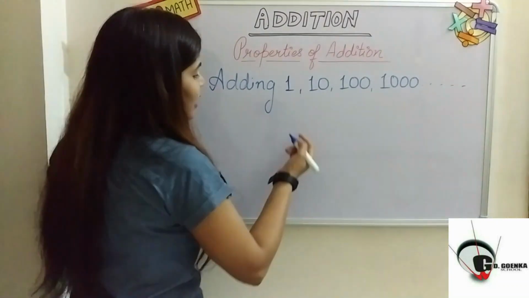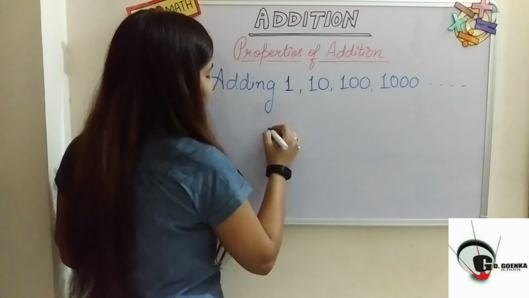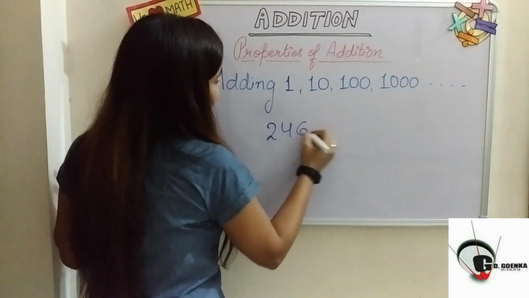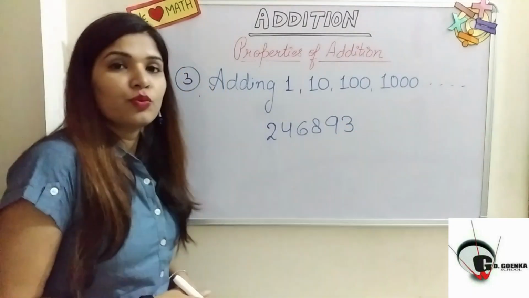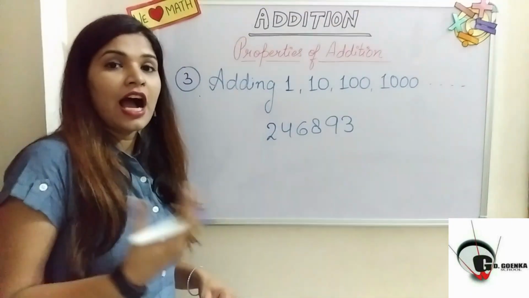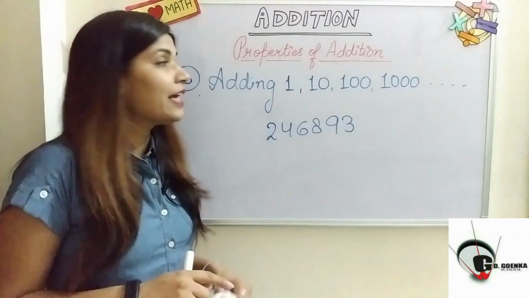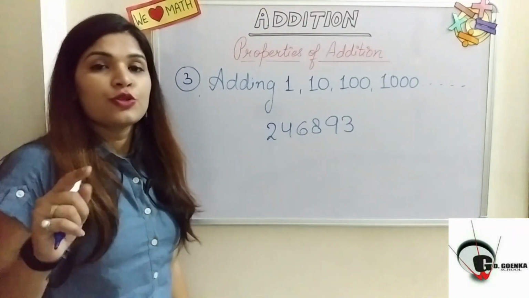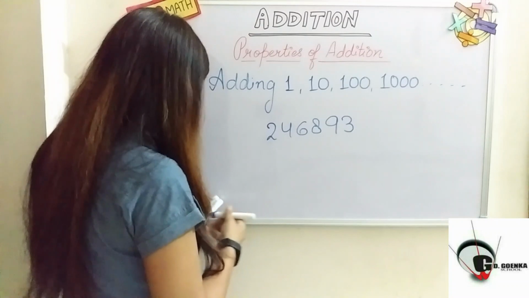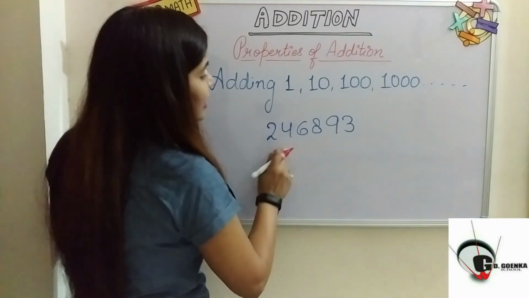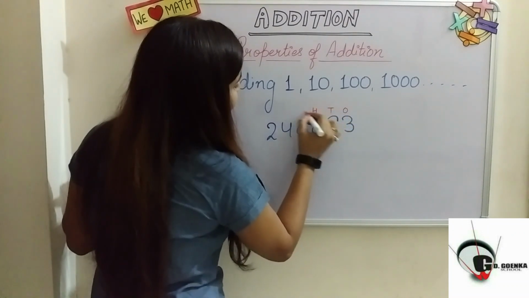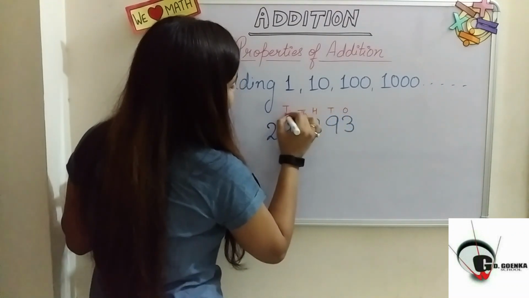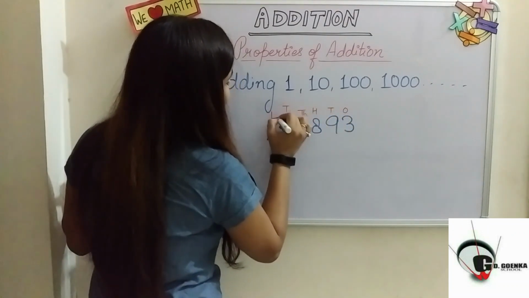Suppose I have taken the number 2, 4, 6, 8, 9, 3. Okay children, and in this one I am going to use our previous topic, the place value chart. So first of all, let me write down the place values of each digit: it is ones, tens, 100, 1000, 10,000, and lakh.